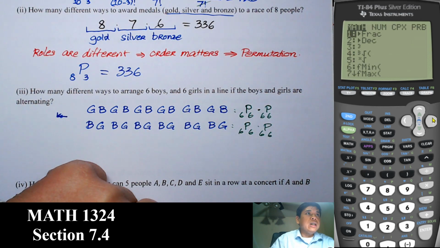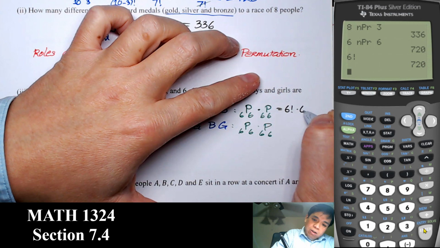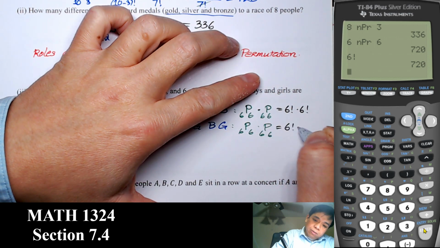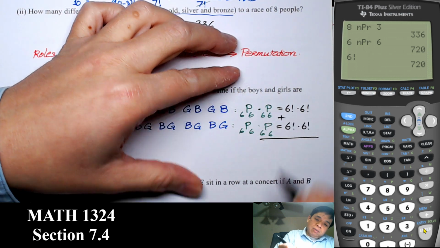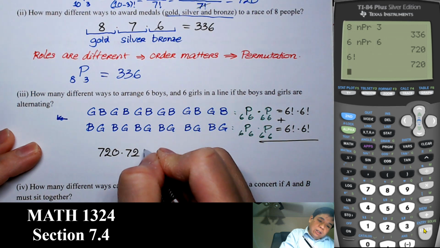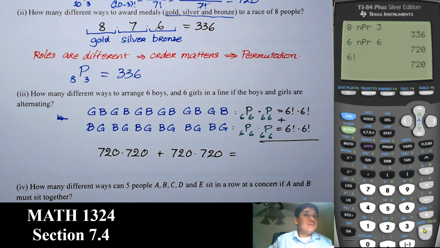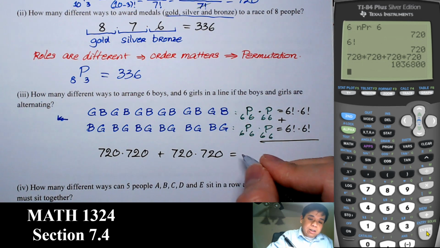By the way, factorial is option number 4. So we have pretty much 6 factorial times 6 factorial, and then we just add them. So 6 factorial times 6 factorial is 720 times 720, and then plus 720 times 720. And we have that.